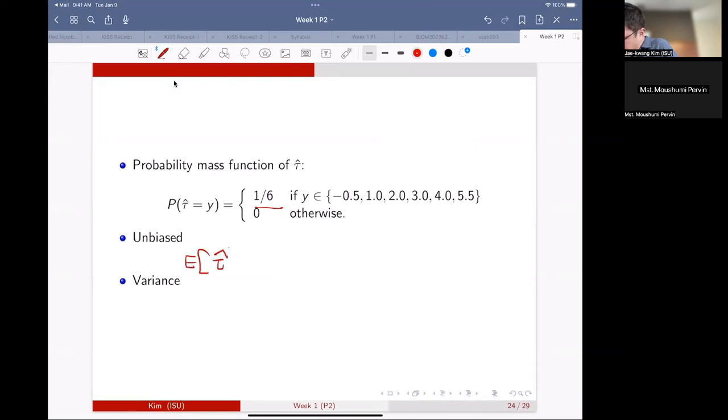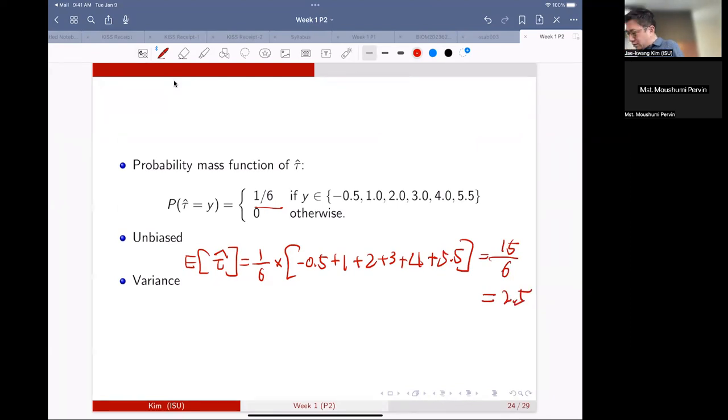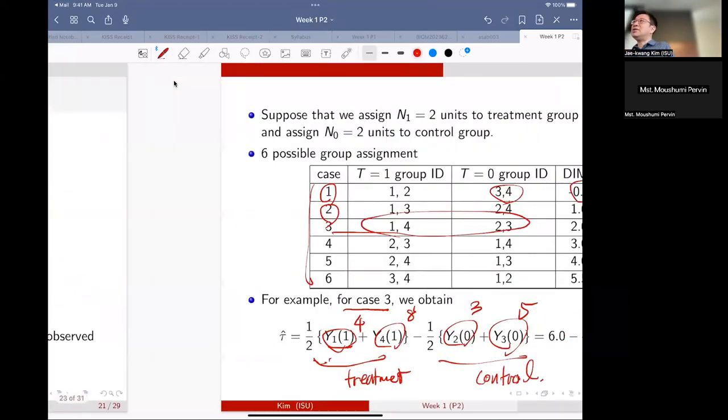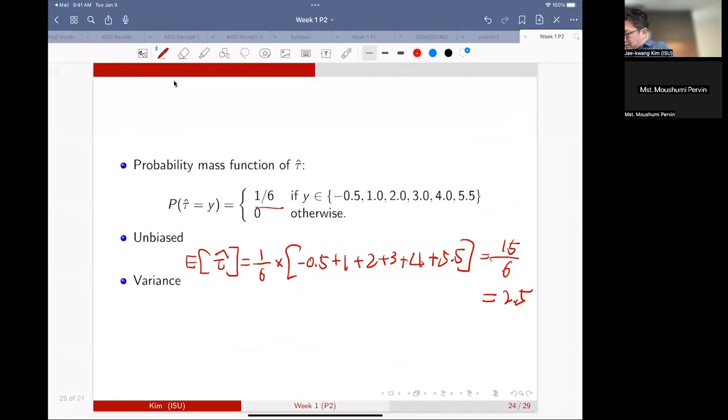For example, the expectation of tau hat is 1/6 times the sum of the six estimates, which is 15 divided by 6, exactly 2.5. So that means this is unbiased. Variance you can also compute, but I skip.